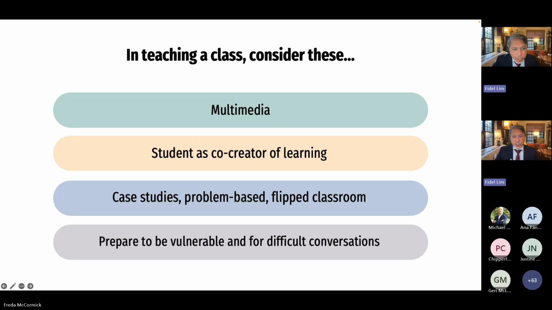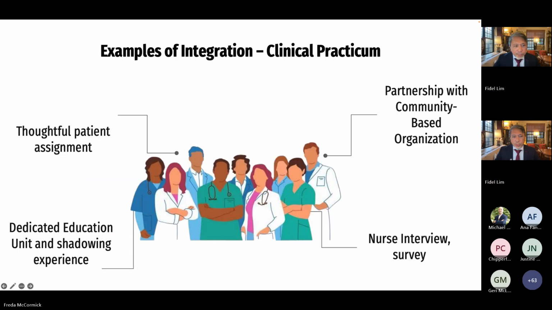So if we go to the next slide. We also have something called dedicated education units. Some of our students get to spend a semester in the gender affirming surgery unit, not by choice, but because we use it as a clinical site.